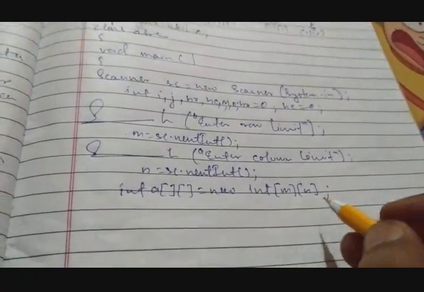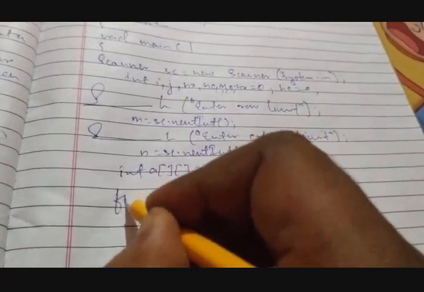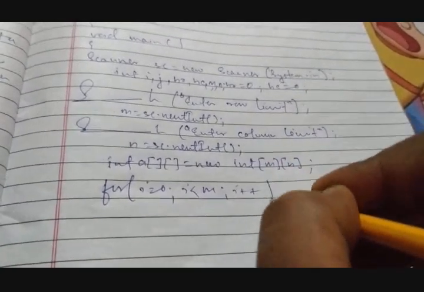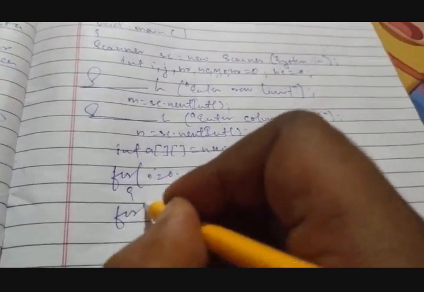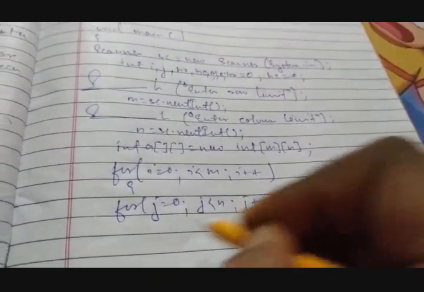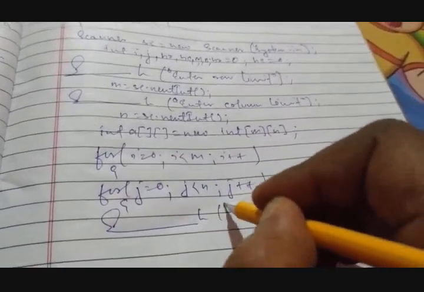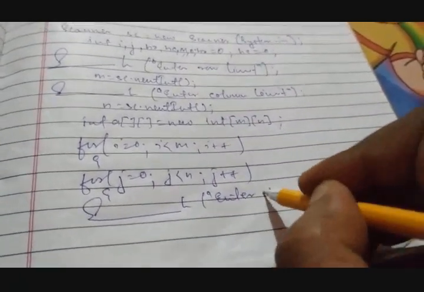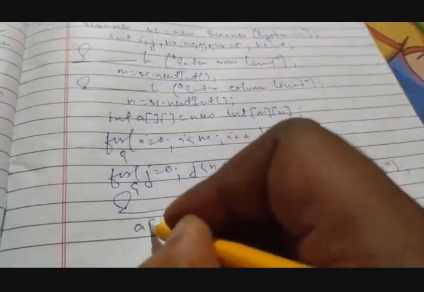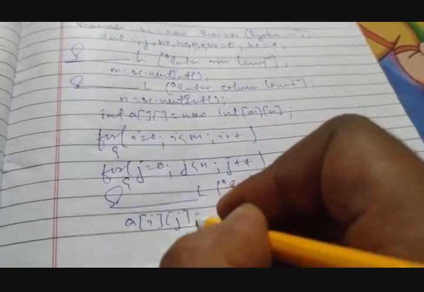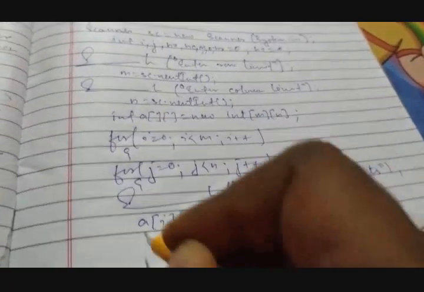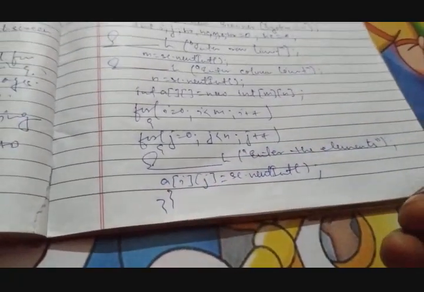Now the element entry: enter the elements. A of i j equals sc.nextInt(). Close the loops, close the method, close the class.